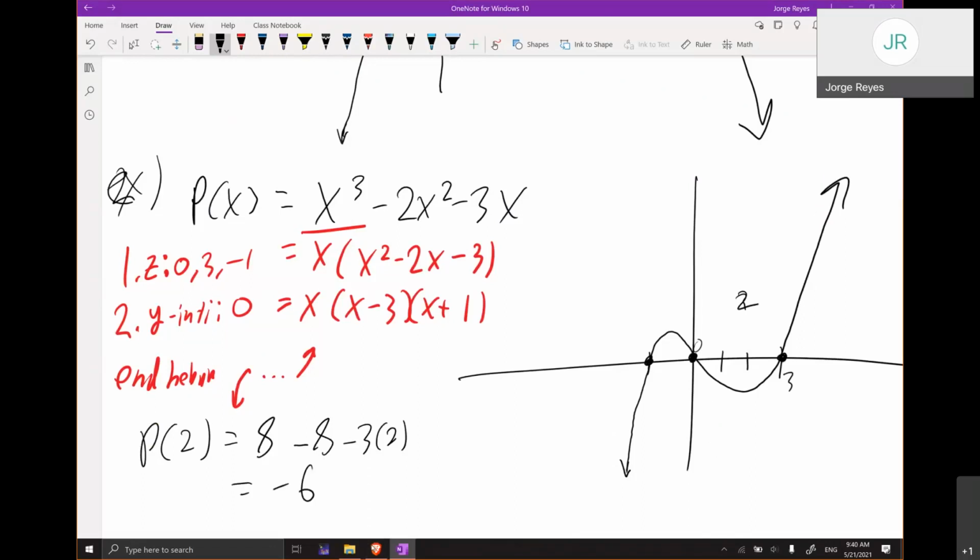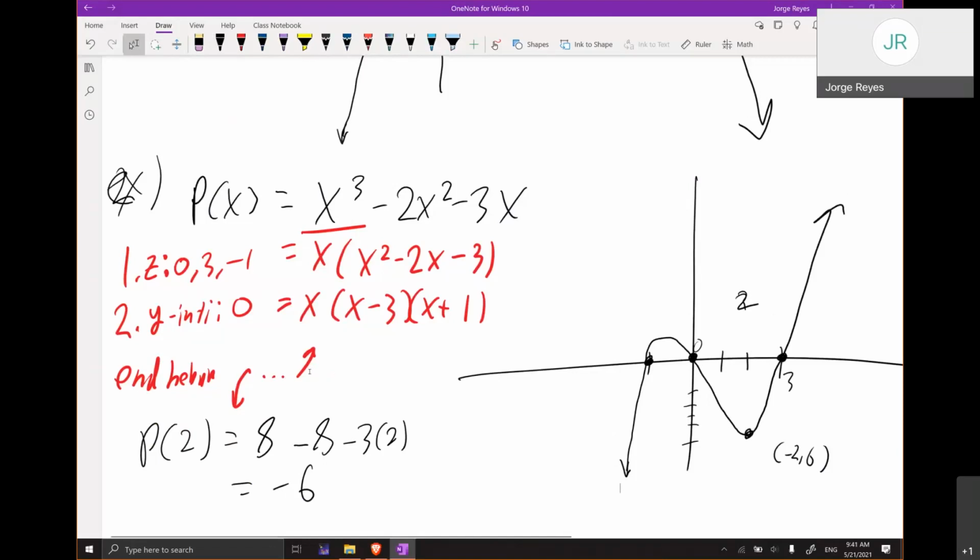So at 2, here's another point. And that just gives you more dots to connect when you're doing step 4. Now it's more accurate, quotation marks. But really, no one cares. You just need to do x-intercepts, y-intercepts, and end behavior, and you're fine.